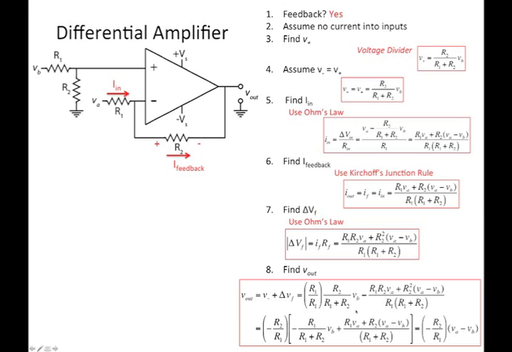And it turns out if you do a bunch of algebra, a few algebraic tricks, you get, at the end of the day, something that looks like minus R2 over R1, like our gain factor for an inverting amplifier, times the difference between input A and input B. So that's why this is a differential amplifier. It amplifies the difference between the inputs VB and VA. Okay, so we can summarize that. V out is just going to be minus R2 over R1 times the difference between VA and VB.